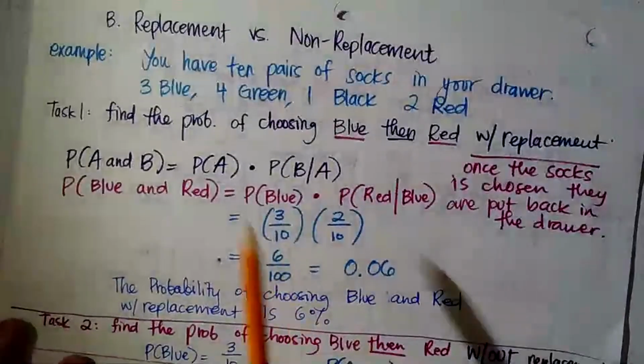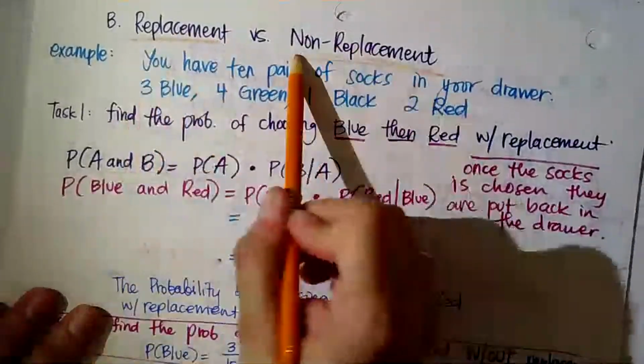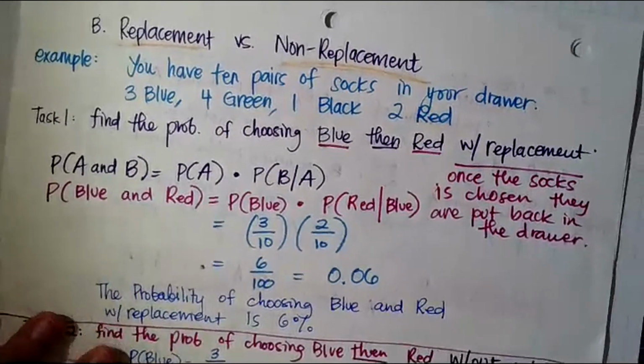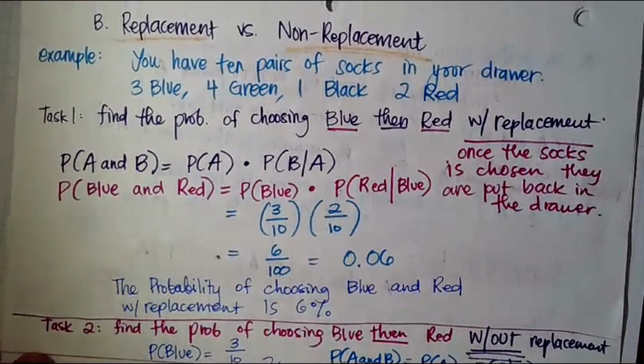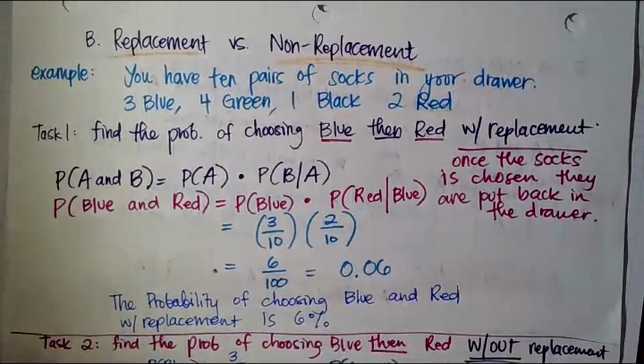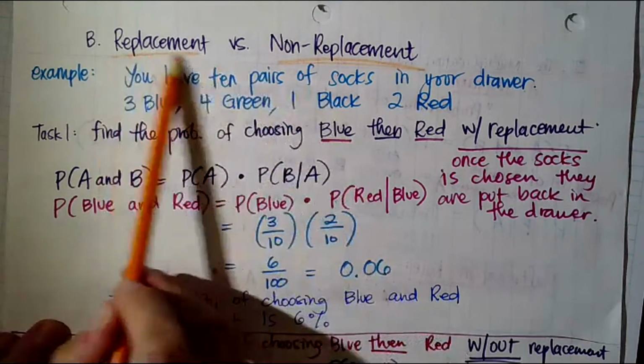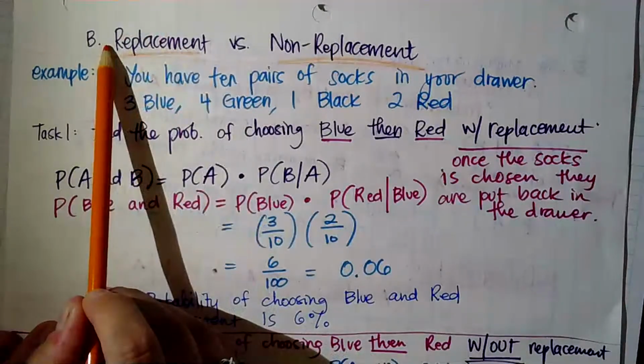So let's talk about something called replacement and non-replacement. For the sake of statistics, a lot of people get confused here because they think replacement means I substitute with something else, and that's not what it means here. Here, the word replacement means I place back.